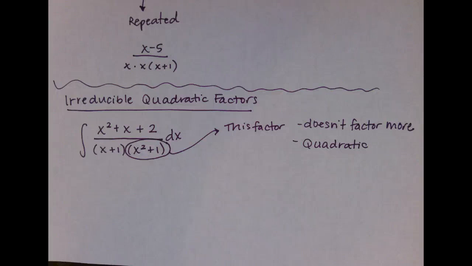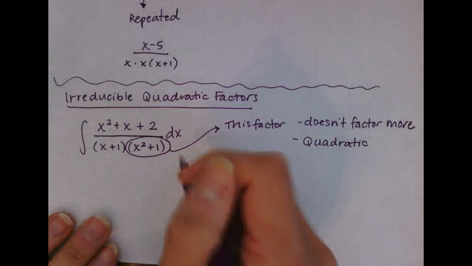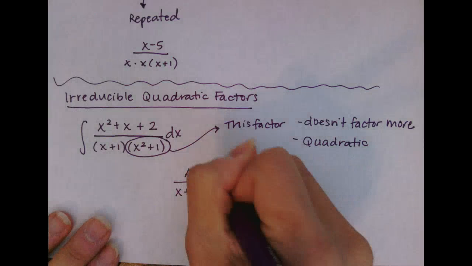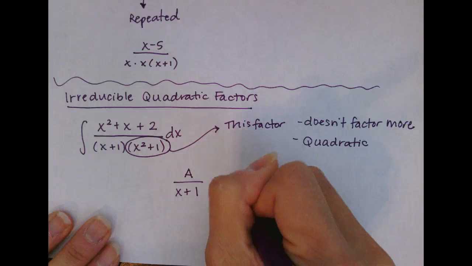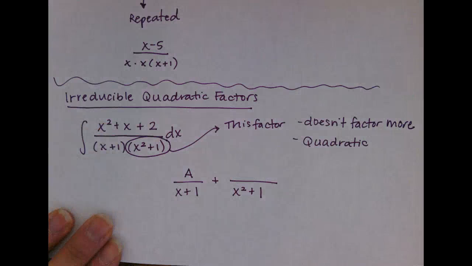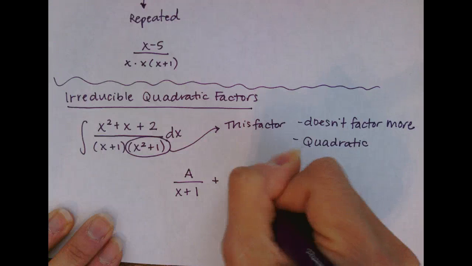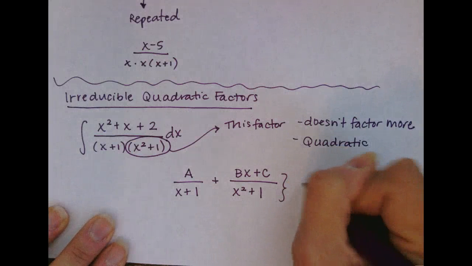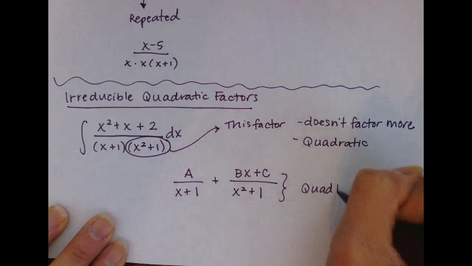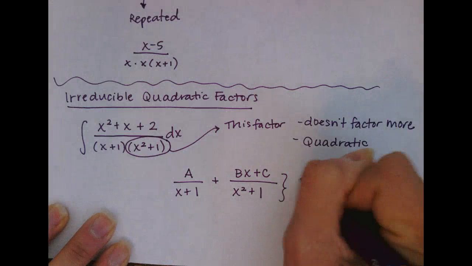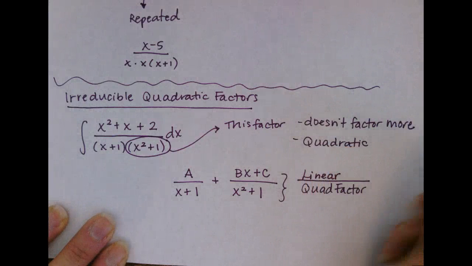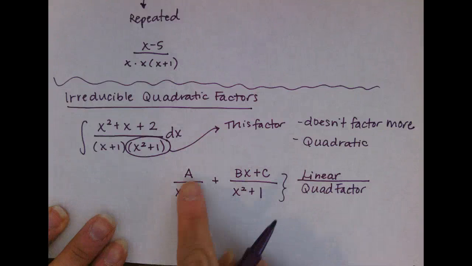And so what we do to handle this situation, we take care of the linear factor just like we would. But with a quadratic factor in the denominator, the numerator needs to have a linear and a constant term. Okay. So if we have a quadratic factor in the denominator, then we need to express the numerator as a linear expression rather than just a constant.